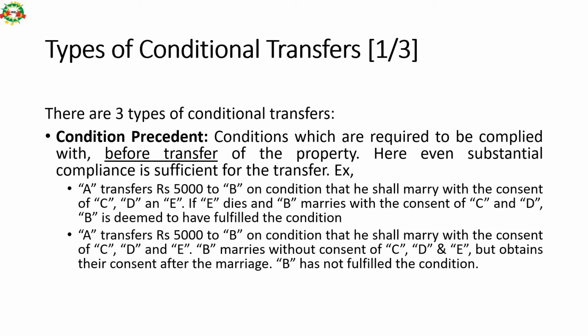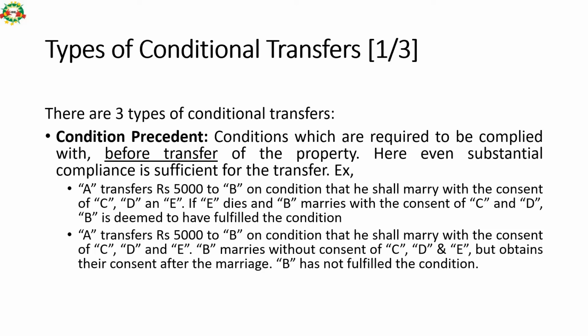Types of conditional transfer. There are basically three types of conditional transfer. Condition precedent, in which the conditions are required to be complied with before transfer of the property. Here even substantial compliance is sufficient for transfer.